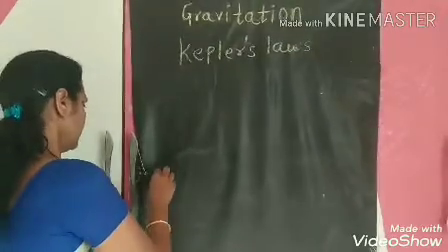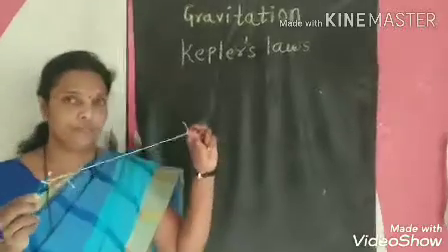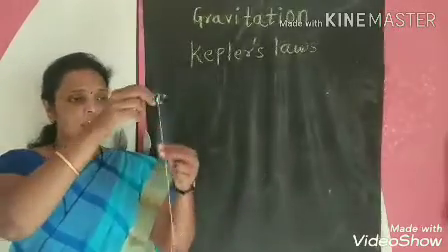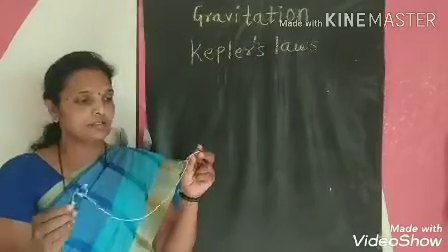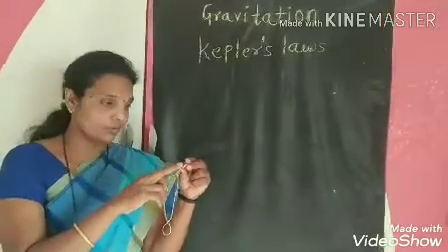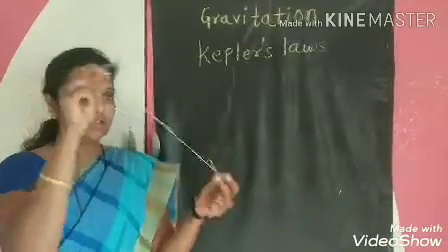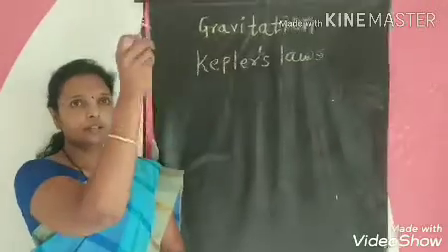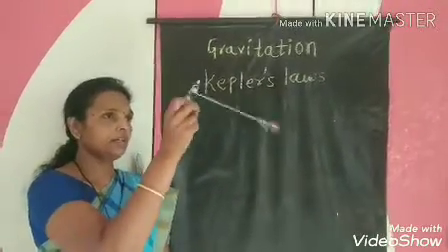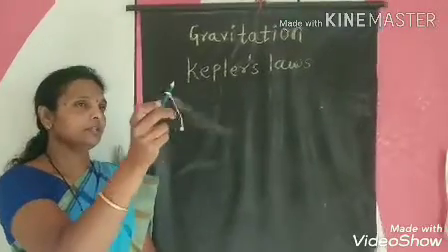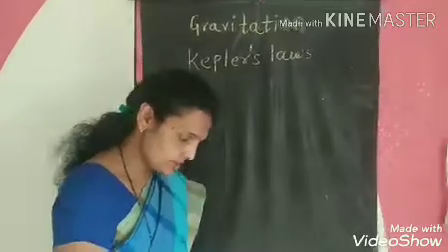Suppose we consider one stone and a string. We tie one end of the string to the stone and we move this string in a circular path. Then this stone moves in circular motion.